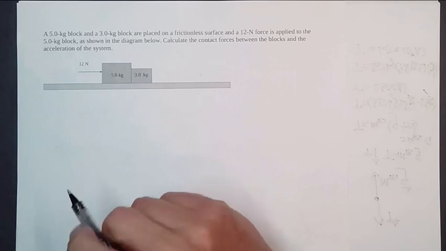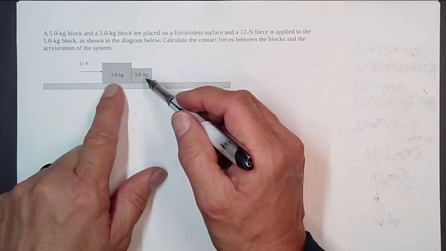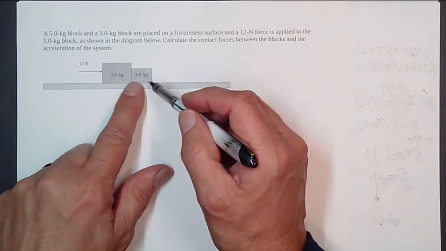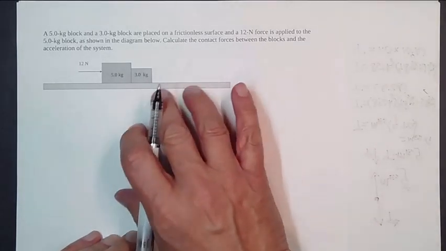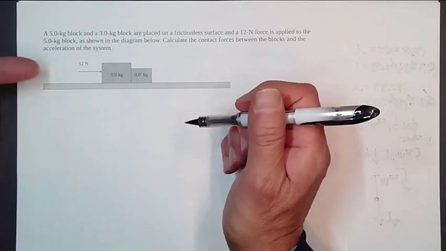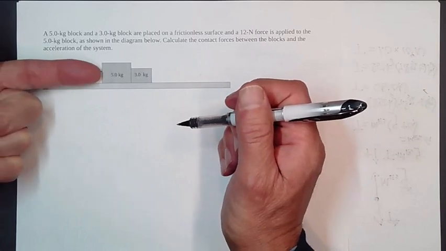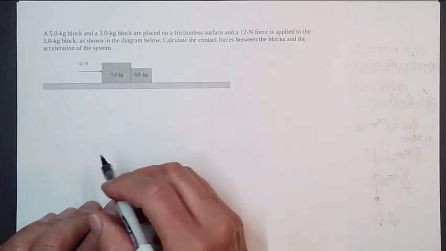Well, since you're pushing on both of them, you actually have to accelerate 8.0 kilograms, and we can calculate the acceleration easiest perhaps just by thinking of that. If you're pushing that way on these two things, you're going to accelerate both of them. There's no friction to worry about.